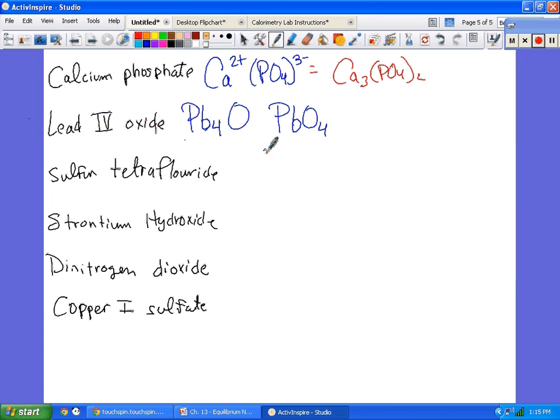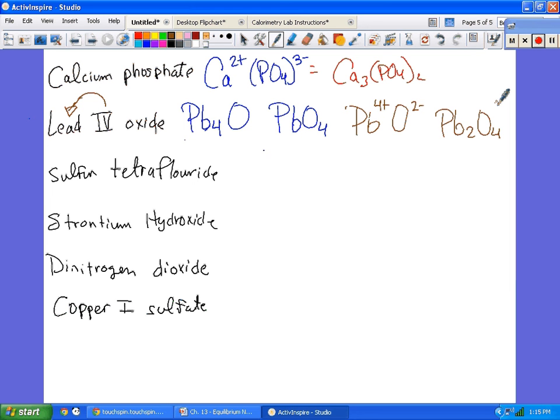The Roman numeral is the charge of the metal. So it's Pb4 plus. Oxygen is a 2 negative. So then you have Pb2O4. How many of you put that? Just be honest. How many of you put that? Is it right? No. You have to reduce ionic compounds.